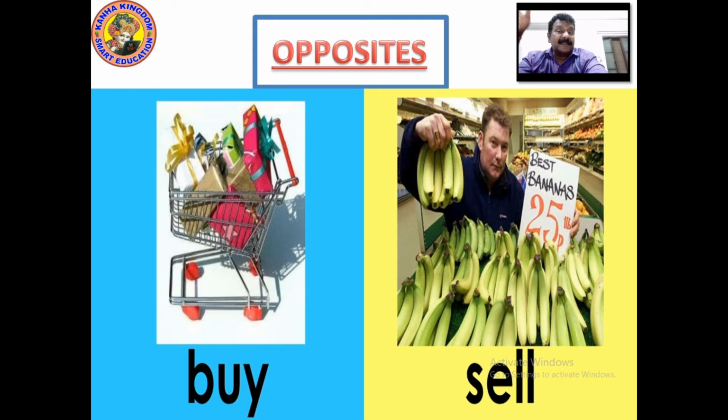Instead of these bananas, there could be another guy selling something else. So selling is when somebody sells something for money. Buying is paying for something to get it. Buy, sell. Please write this down. Opposite of buy is sell. Opposite of sell is what? Buy. Please write this down.